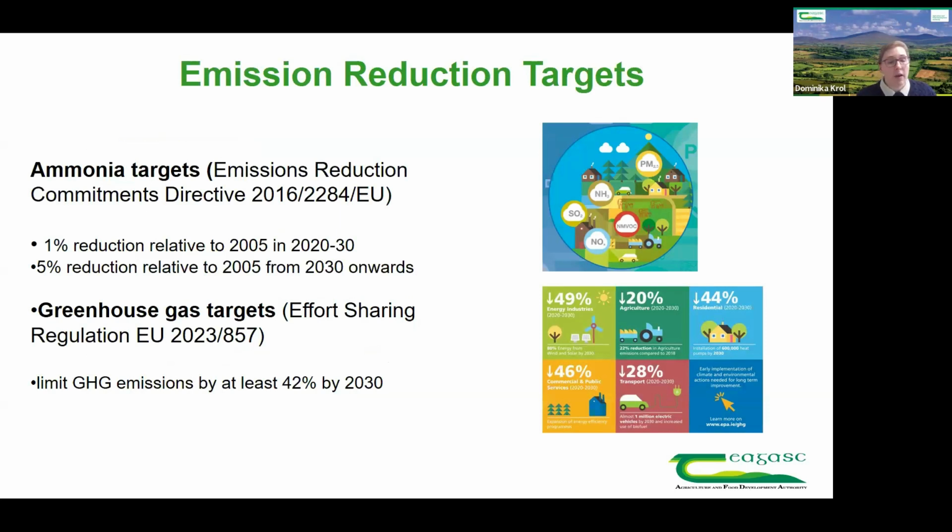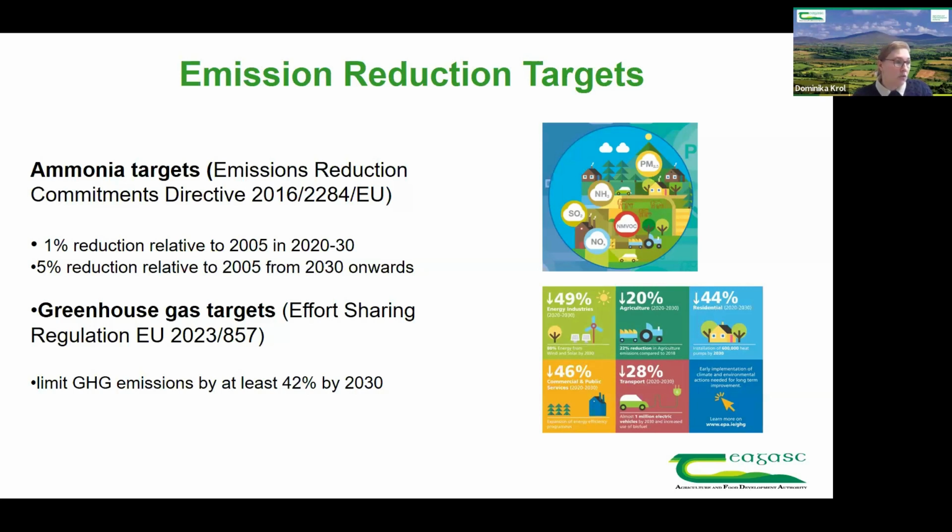So we have ammonia targets and greenhouse gas targets. Ammonia is not a greenhouse gas, it's an air pollutant. It also indirectly contributes to greenhouse gas emissions, so it has bearing on both sides.